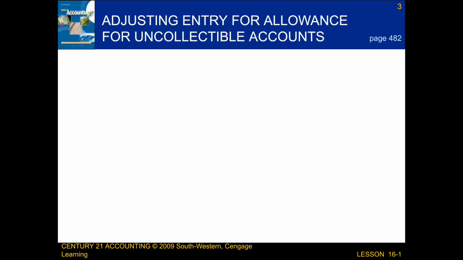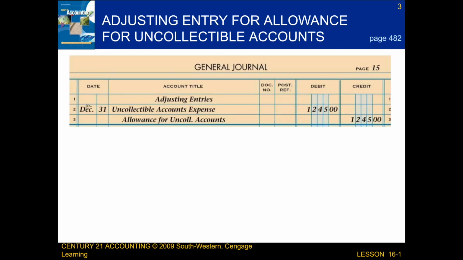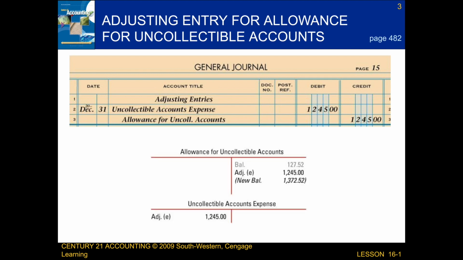Alright, next we're going to be talking about the adjusting entry for allowance for uncollectible accounts. So the adjusting entry for allowance for uncollectible accounts is as follows. We debit uncollectible accounts expense and we credit allowance for uncollectible accounts.